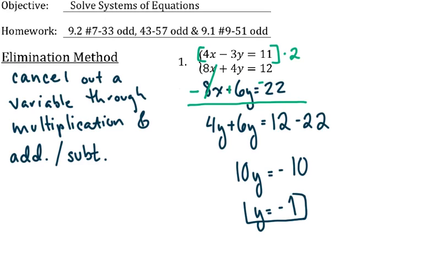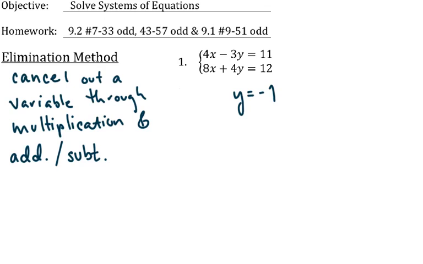So this is great so far. One thing that's always helpful to remember is we have two variables here, and so we need to solve for both. Now that we know that y equals -1, we could use elimination again, but usually it's easier to just take one of the original equations and substitute in for the y.